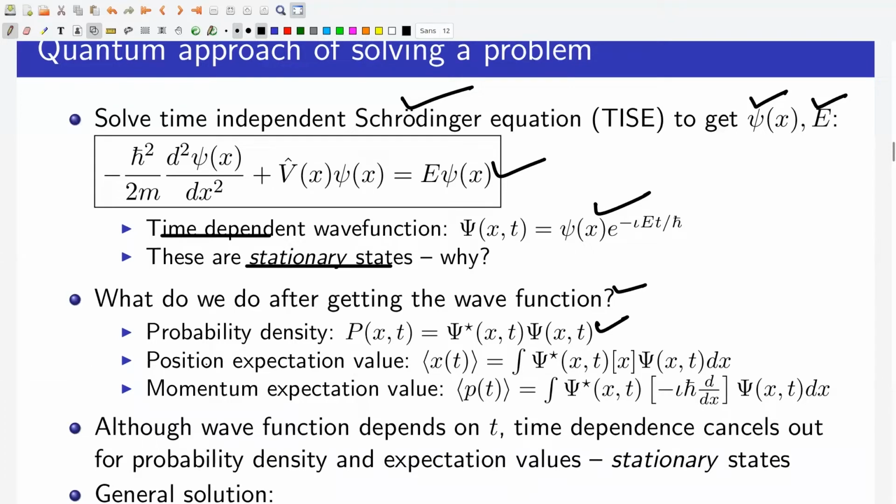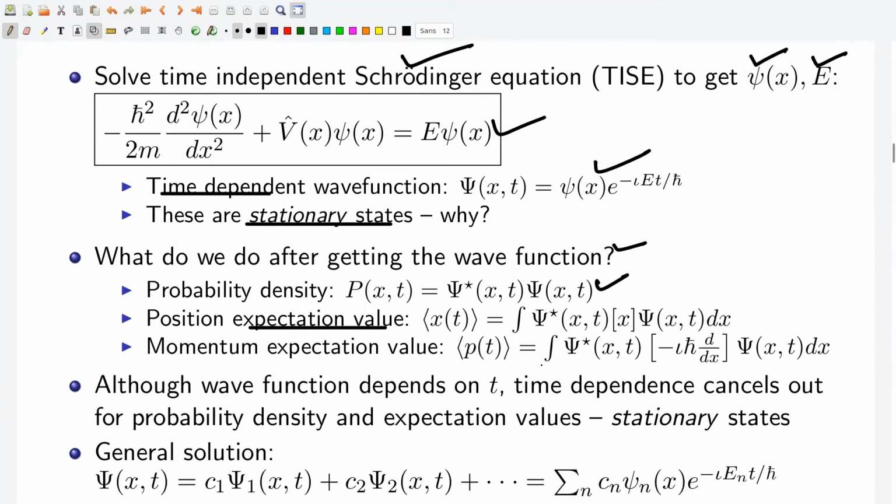Then we can get the position expectation value, which is given by ψ* times the position operator times ψ(x,t) dx. Similarly, we can get the momentum expectation value, given by ψ* times the momentum operator times ψ dx, and you have to calculate the integral.